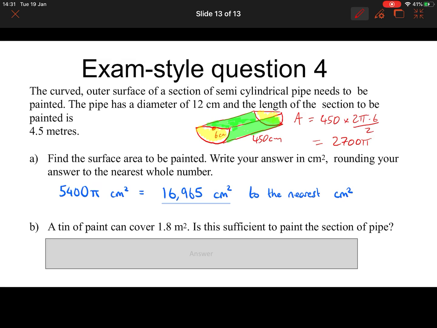Okay? That is the area of the surface that we need to paint, okay? Actually, I've realised here that they've done it differently. They've actually done it wrong. Now, I'll tell you why they've done it wrong. You can see that their answer is actually double. So we're right, they're wrong, because what they've done is they've done as if it was a full cylinder, which is not, okay? Now, and also we need to think about the units of measurement.